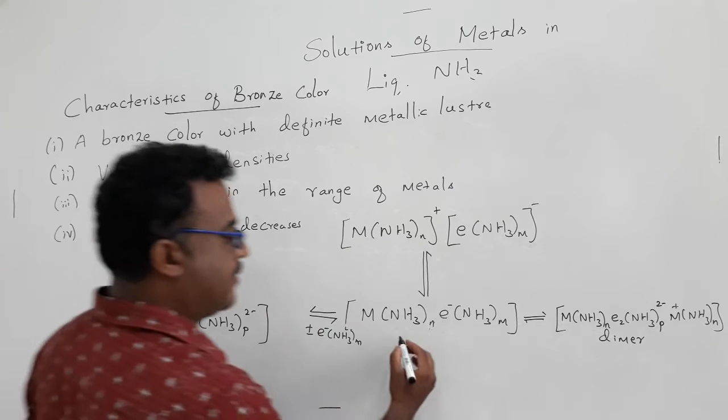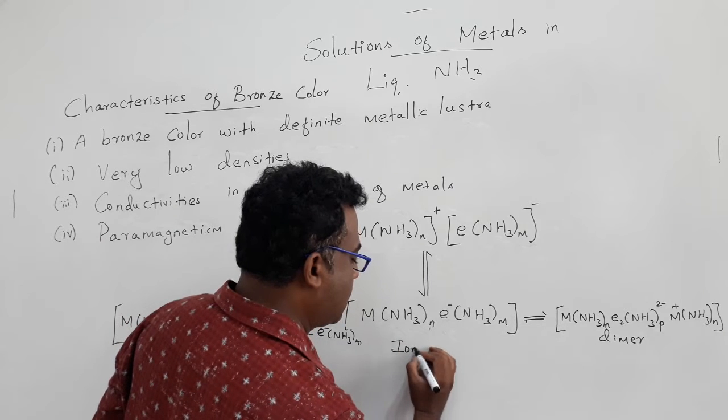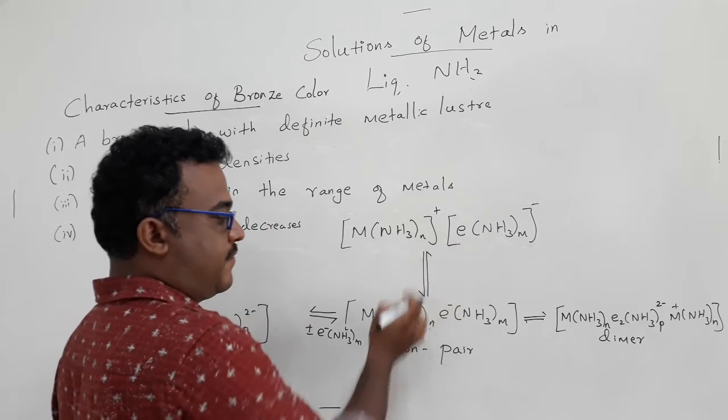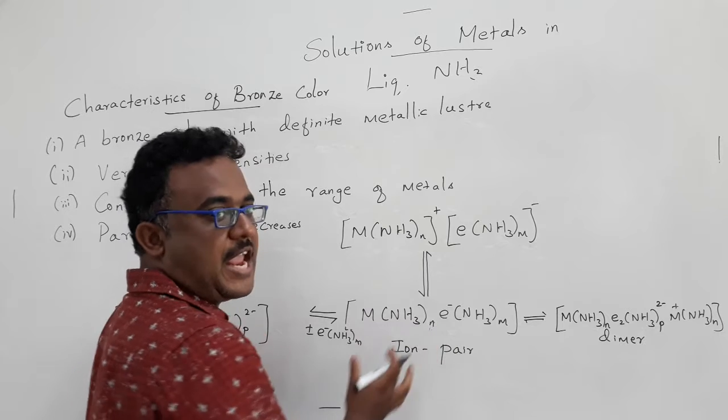So overall, it will be in the form of an ion pair. This will be an ion when it is associated to form an ion pair.